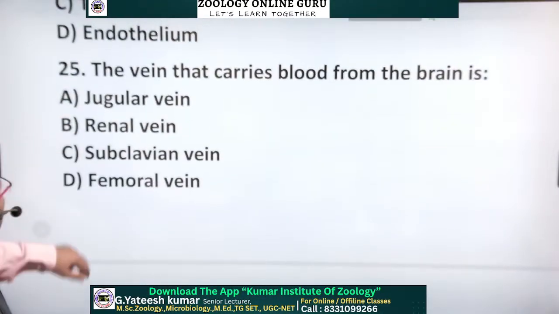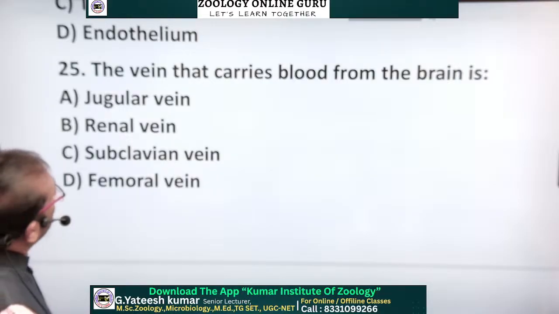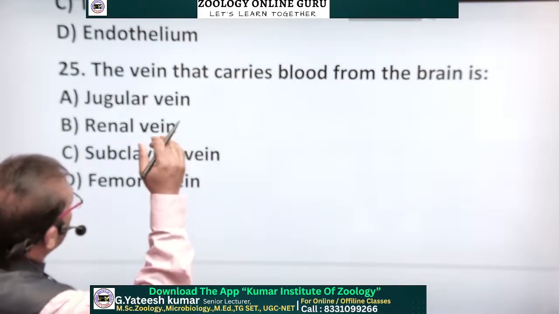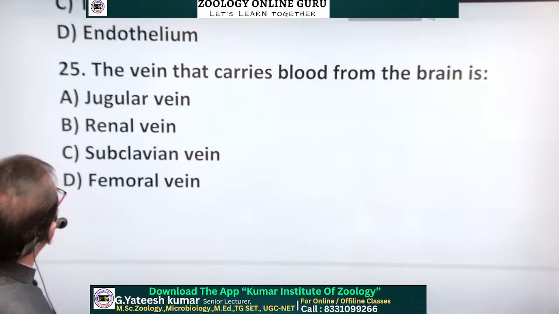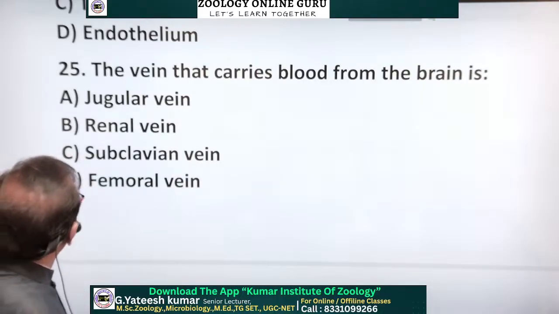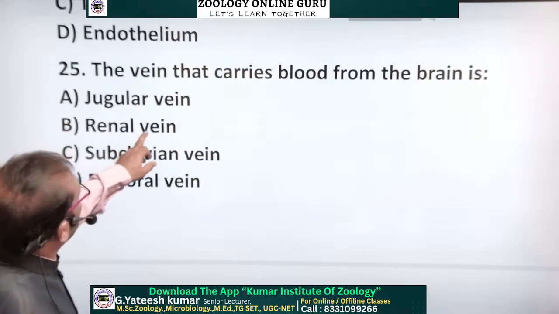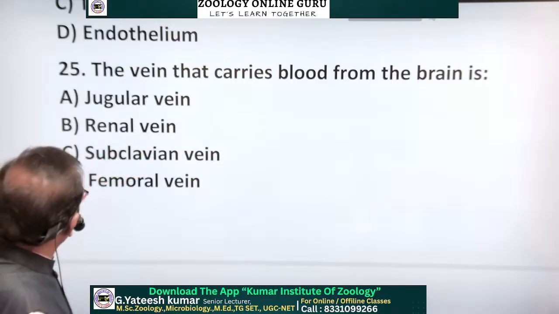Question number 25. The vein that carries blood from the brain to the heart: jugular vein, renal vein, subclavian vein, or femoral vein. Renal vein is from the kidneys. We know the renal portal system.